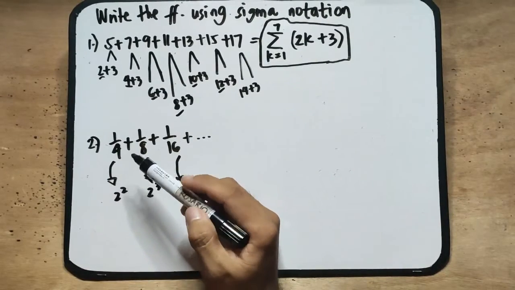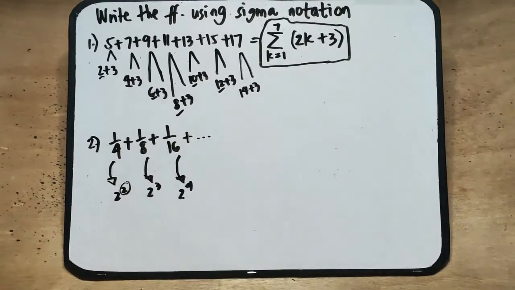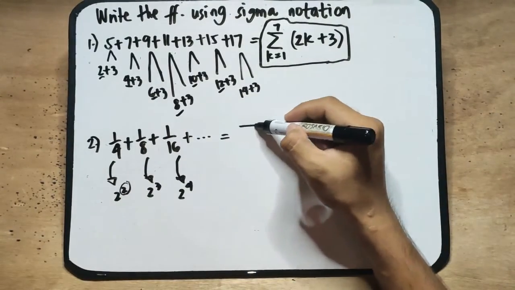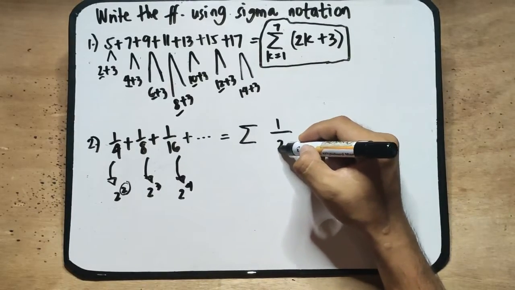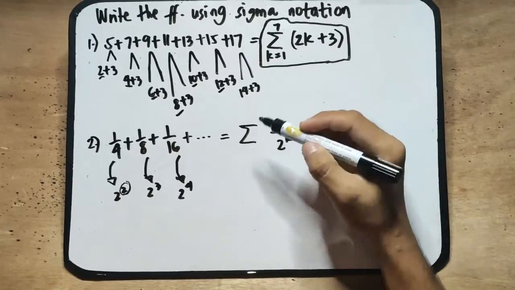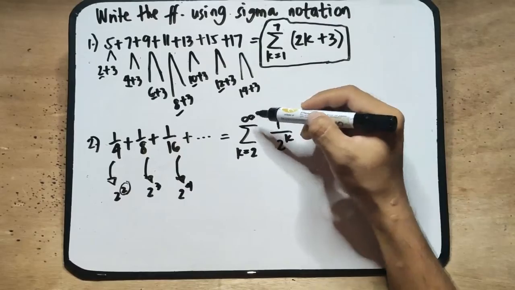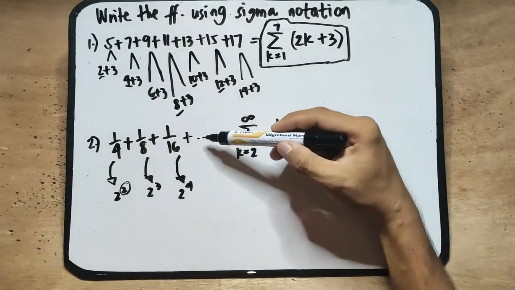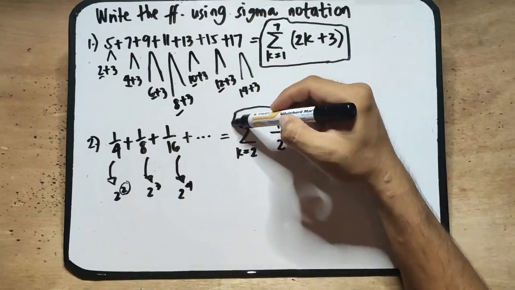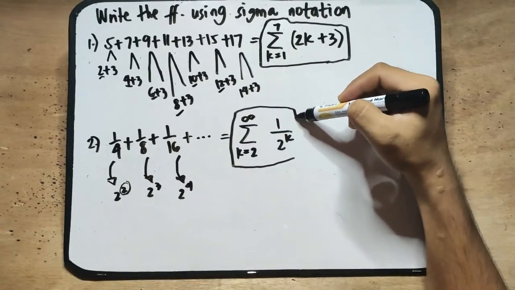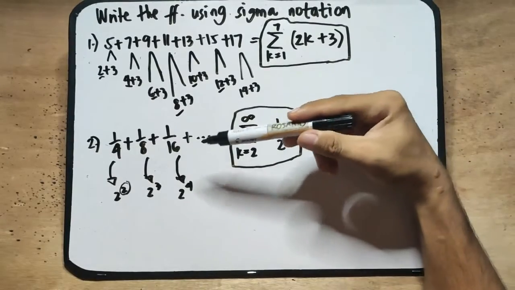So, meaning, mag-i-start tayo kay 2. So, this will be the summation of 1 all over 2 raised to k from 2 to infinity. Okay? Kasi, dire-diretso siya dyan. So, this is one possible answer for this series, one possible sigma notation for this series.